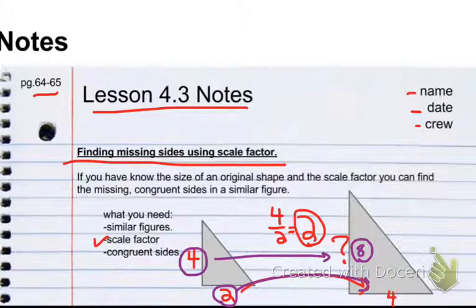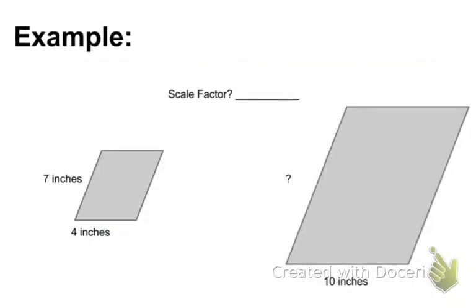So basically, first you find your scale factor, which we've done already, and then we multiply a congruent side to find a side that we don't know. So you're kind of like solving a mystery, a little two-part mystery. And this might be a little bit more complicated because it requires that extra step of finding your scale factor first. So here's our first example.